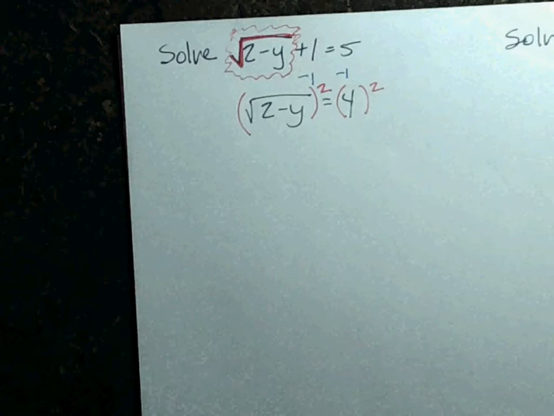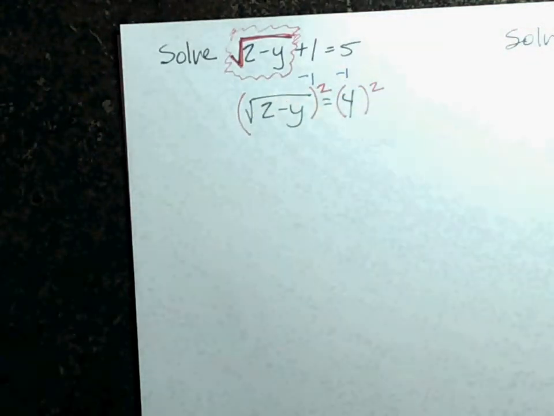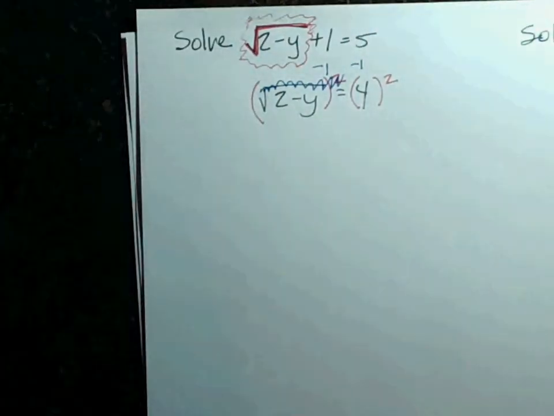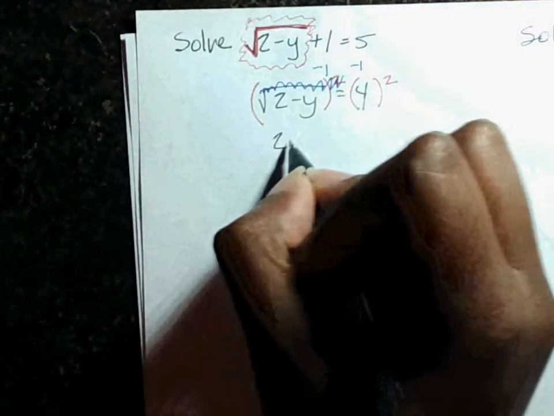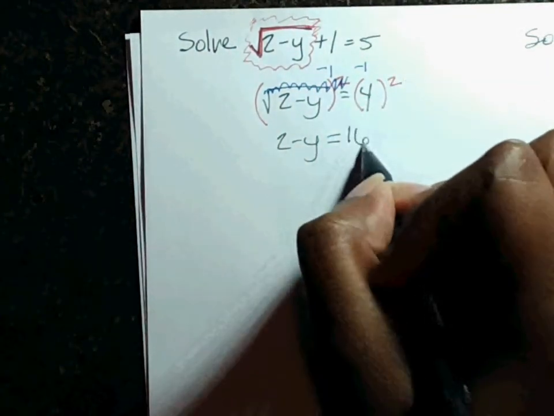You have to square both sides. When you square both sides, similar things happen compared to your quadratic equation solving problems. What you do is a square and a square root, they cancel each other out. You're left with 2 minus y equals 4 squared is 16.